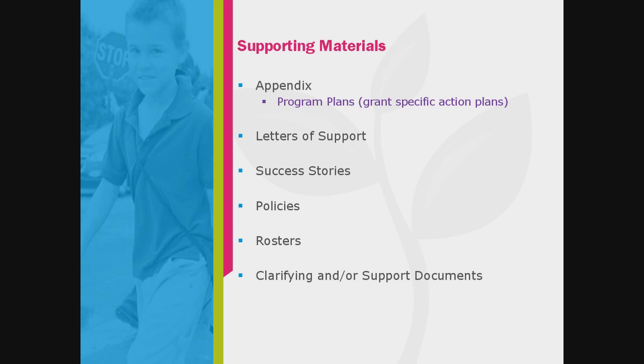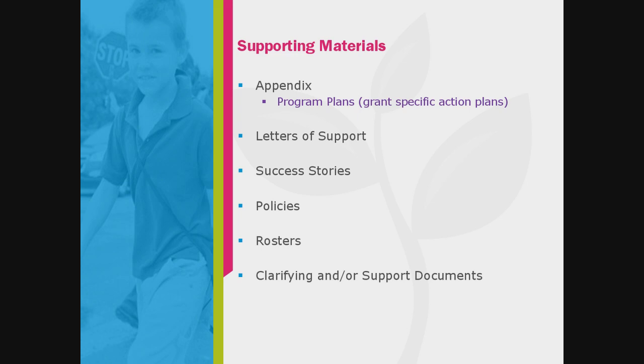For all of the Safe Routes to School funding through the Ohio Department of Transportation, councils have to adopt a resolution or a policy saying that they support the funding. So some funders are going to require that. It's important to keep in mind if that is required, and make sure that you build in enough time to get that resolution from council so that it can be submitted with your grant application.